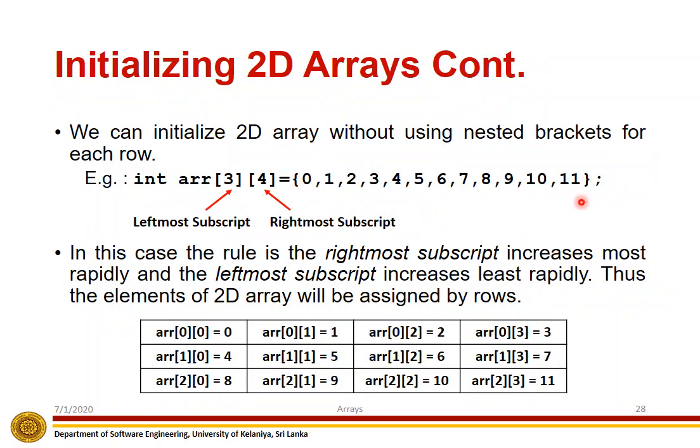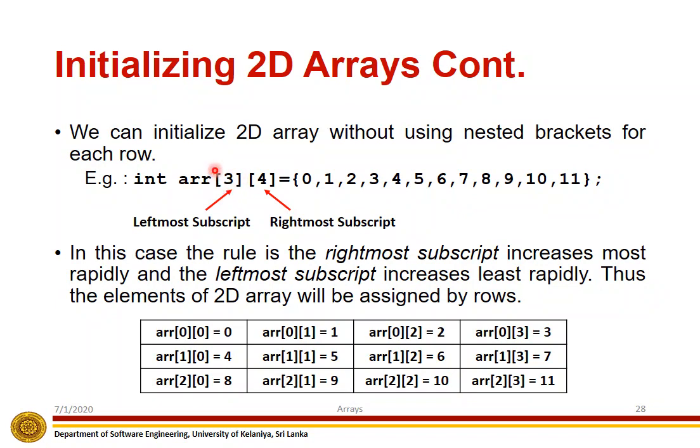In this case, the rule is the rightmost subscript increases most rapidly and the leftmost subscript increases least rapidly. Thus, the elements of the 2D array will be assigned by rows. It means the elements will be stored in rows first and then columns.